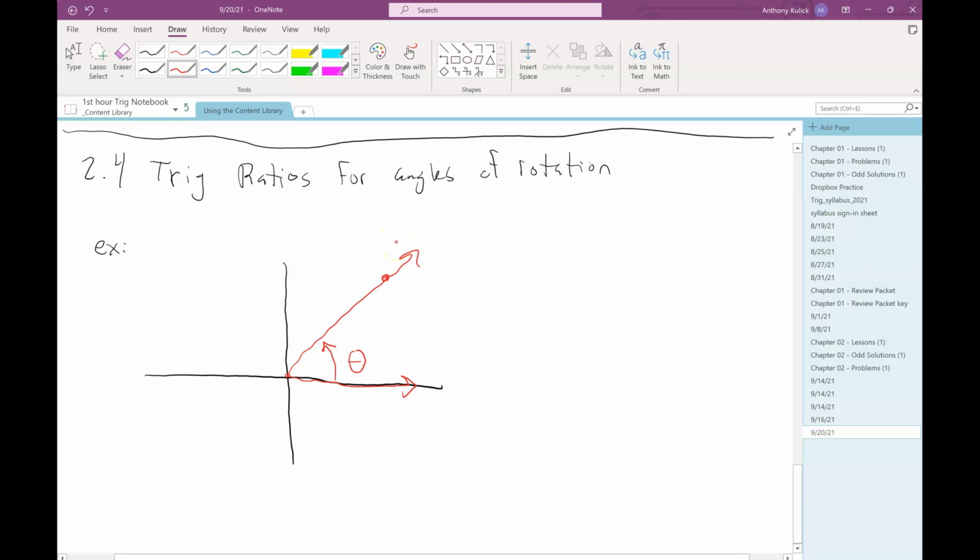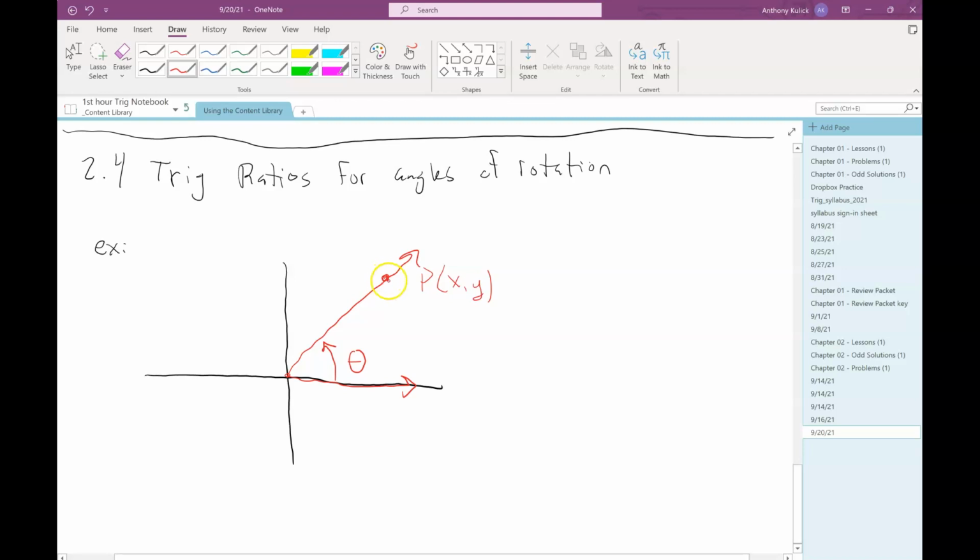Doesn't matter kind of where, I'm just going to arbitrarily pick that point to be there. That point is going to have coordinates x and y. So far, so good. Nothing weird yet.